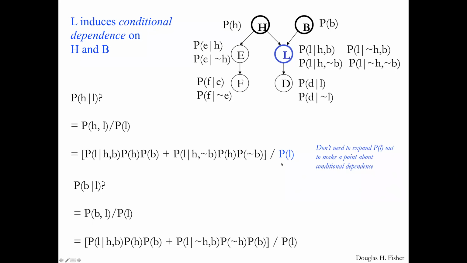If I was trying to compute the exact probability, I'd expand this to probability of L in the way that we've seen in terms of joint probabilities over parents as well. But for purposes of the point I want to make here, we don't have to. The probability of B given L, we can do the same thing. It's going to look very much the same as this with different values.